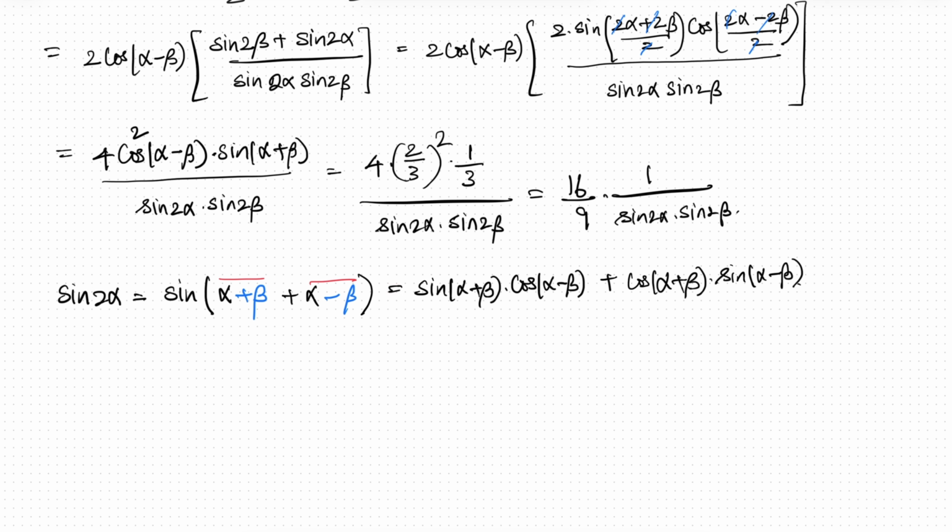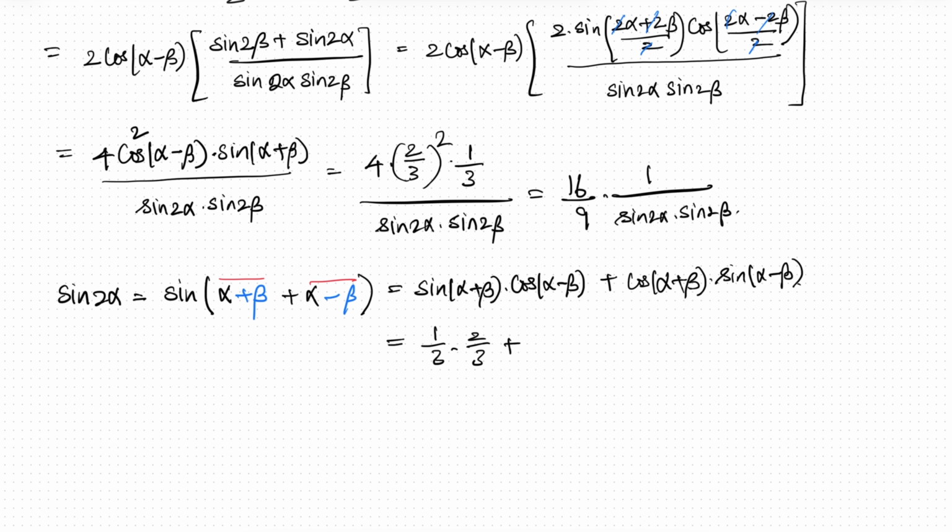Now the problem is to find sin of alpha minus beta and cos of alpha plus beta. Let me write sin alpha plus beta, which is 1 by 3, and cos alpha minus beta is 2 by 3. These things are there in the question already. Now we are going to find cos of alpha plus beta.